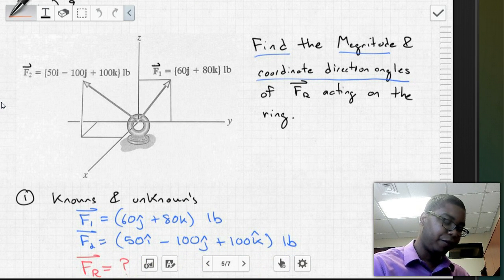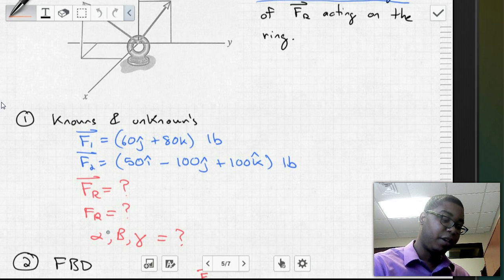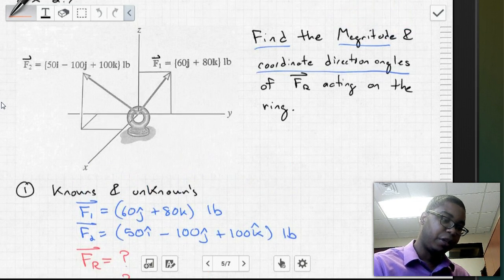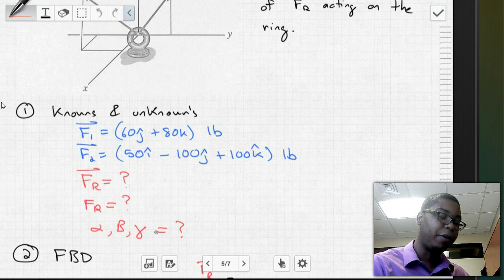We know the Cartesian vector form of F1 and F2, which also carries the directional information for each of these. And we need to find the force resultant in the Cartesian form, the force resultant magnitude, and the coordinate direction angles, or the cosine angles, alpha, beta, and gamma, that are associated with that resultant vector.